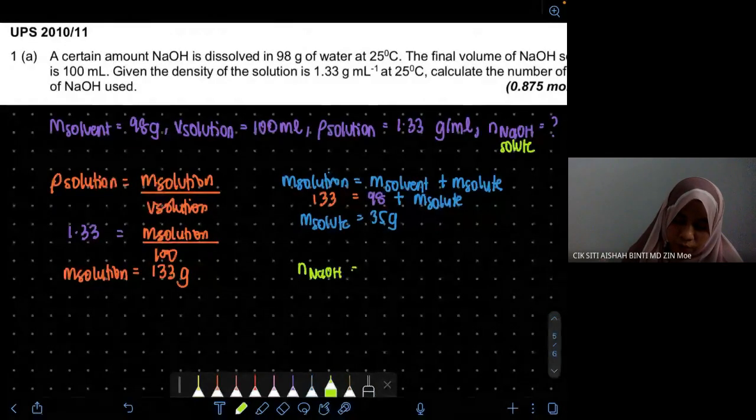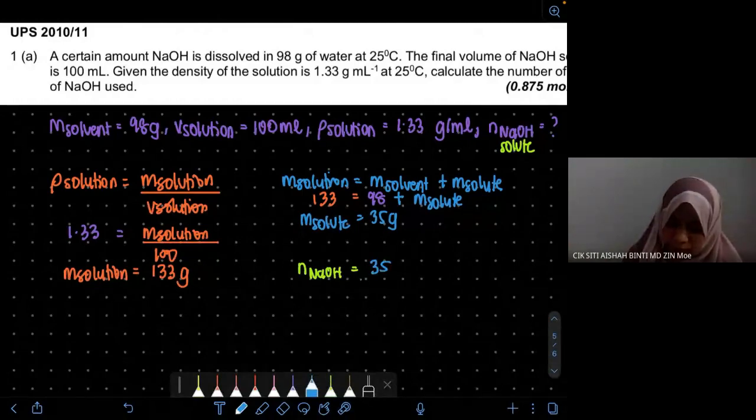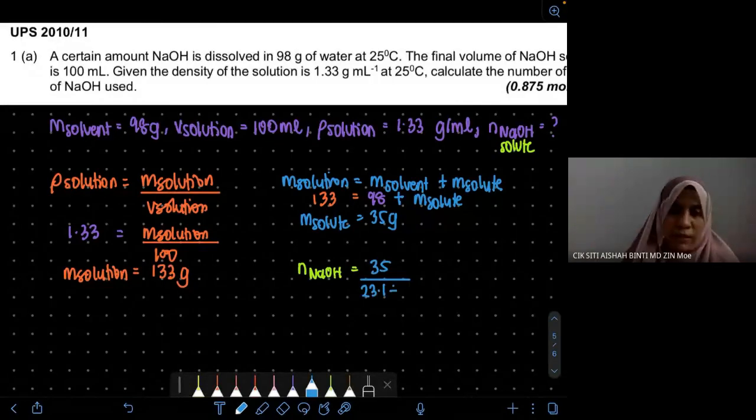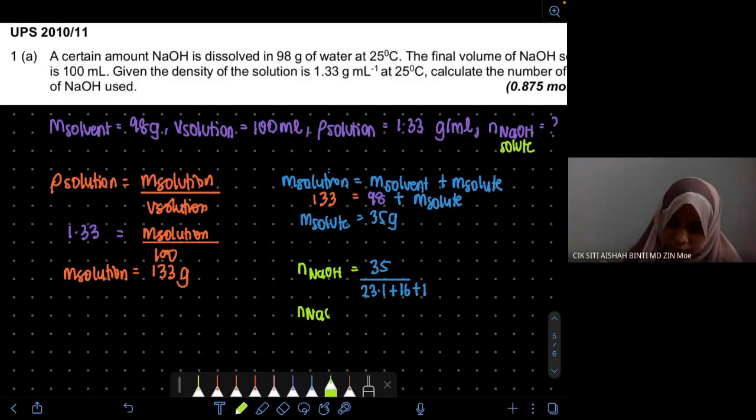It's 35 divided by molar mass, sodium 23, oxygen is 16, hydrogen is 1. So the number of mole of NaOH is 0.875 mole.